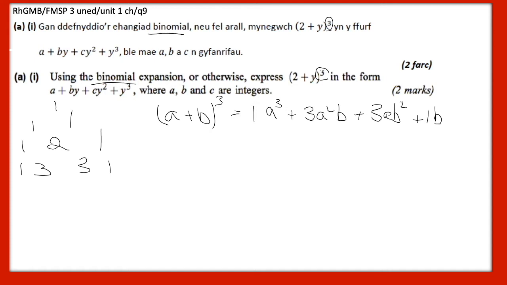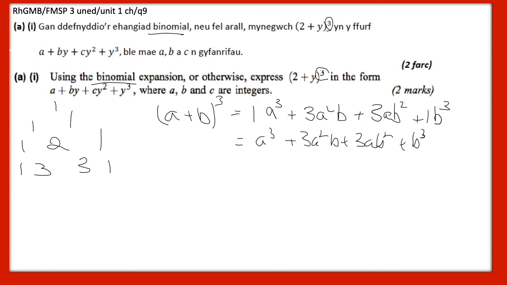Now I'm just doing it for the sake of completeness. I know that 1a cubed is just a cubed, so therefore you'll get a cubed plus 3a squared b plus 3ab squared plus b cubed, or something equivalent to that.